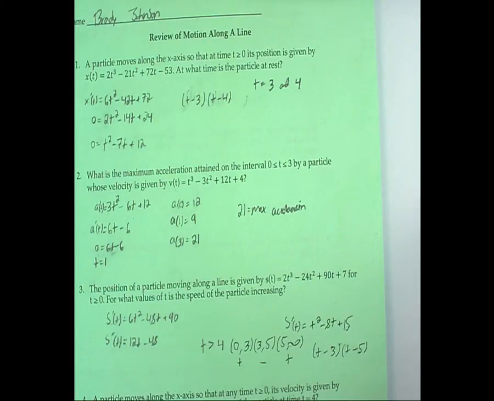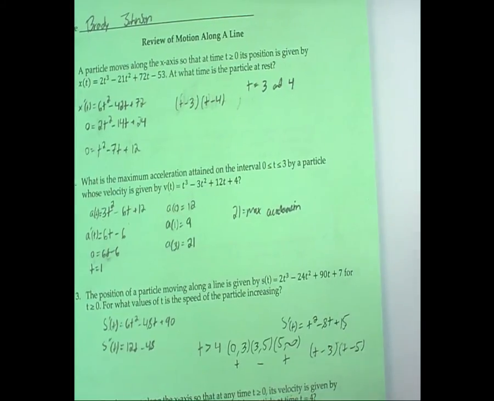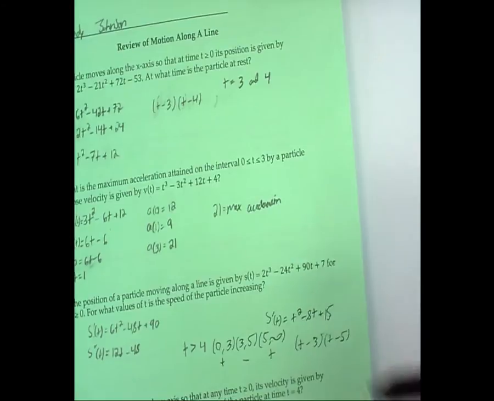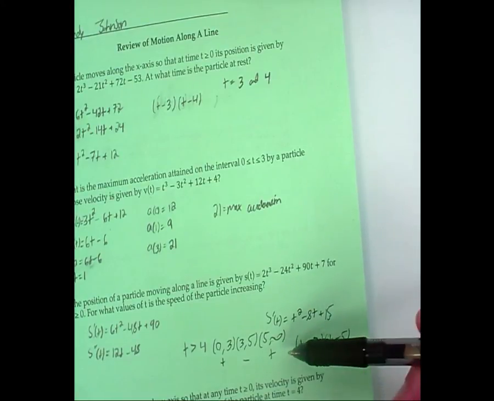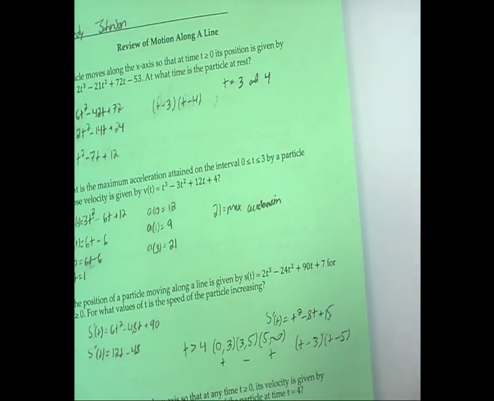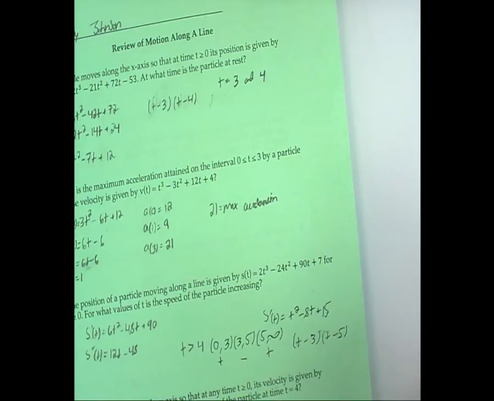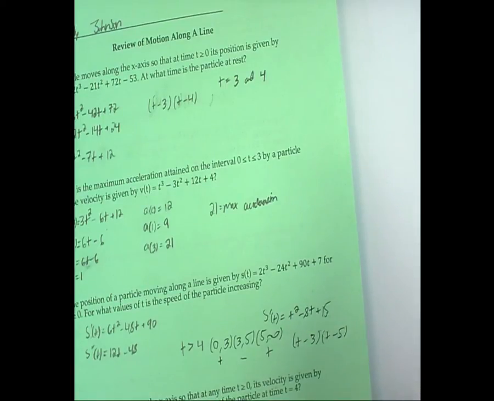All right, so it's the same sign from 3 to 4, right? Yeah. The first derivative is negative from 3 to 4, and the second derivative is negative from 3 to 4. So from 3 to 4 it's increasing. Is it increasing after that too? Well, let's take a look. Beyond 4, the acceleration is positive, correct?